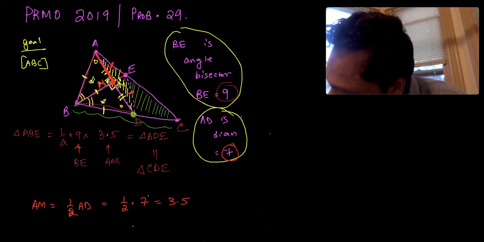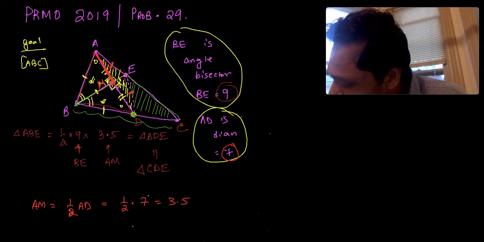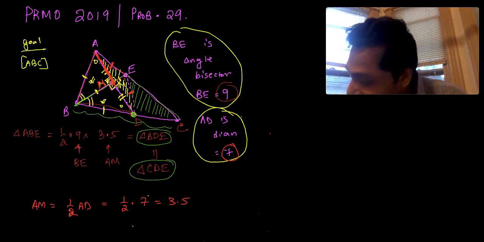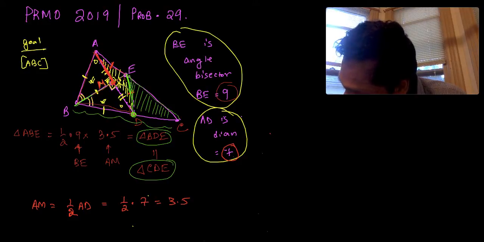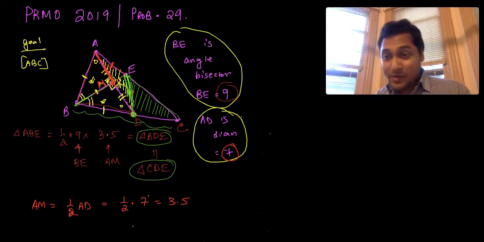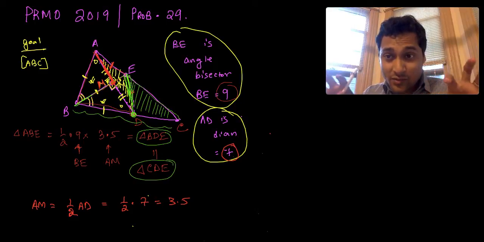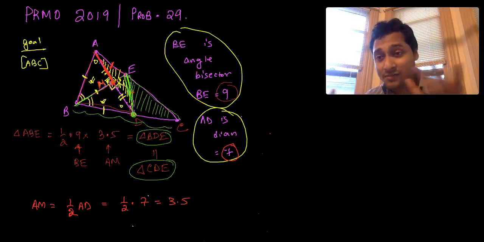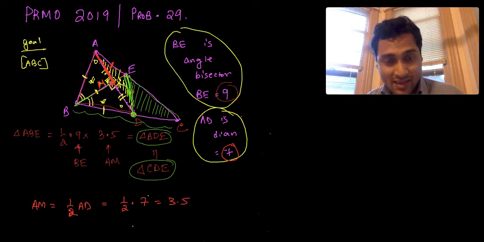So if you look at triangle BEC, BDE and CDE must be equal because ED is the median of that triangle. Because a median divides the triangle into two equal parts, the bases BD and CD are equal, and the height is the same, so the areas will be the same.